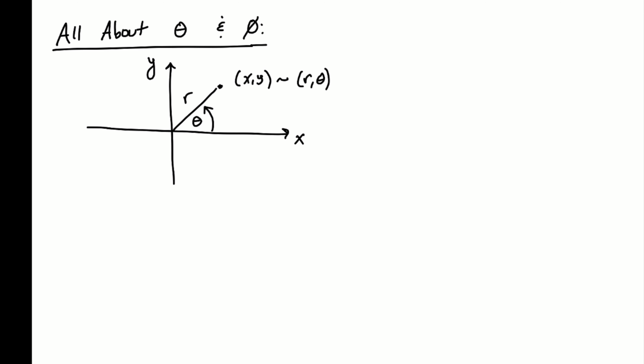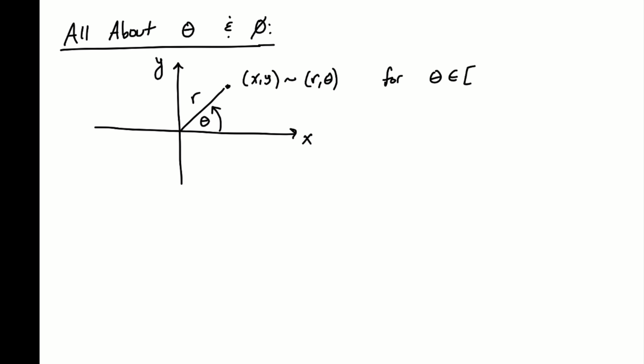Now, because of this, theta definitely the smallest it can be is 0, and then the biggest it could be is 2 pi.